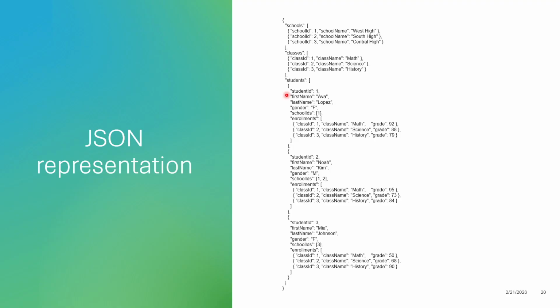Every single student is going to have an ID, a name, a gender, and then I can say if they attend one or more schools and what their grades are in the classes. This student, for example, Noah Kim, is attending 2 schools, and then we see the different classes.